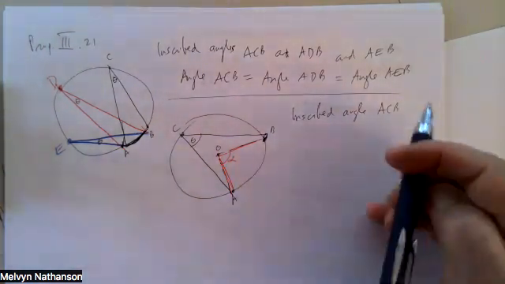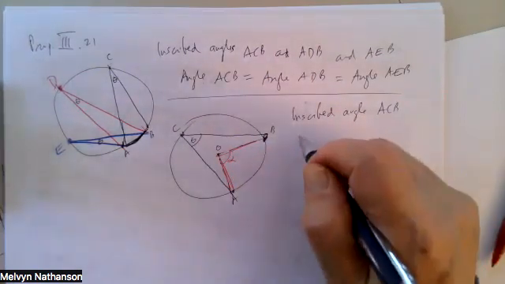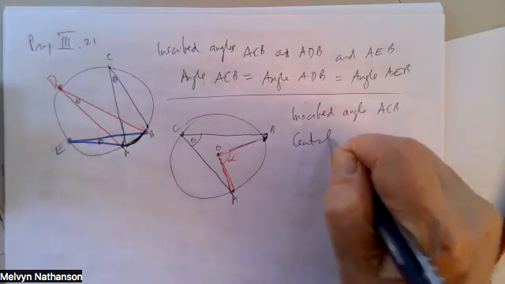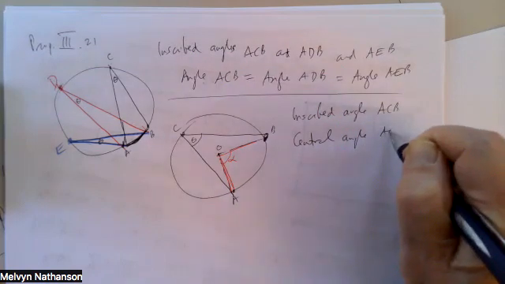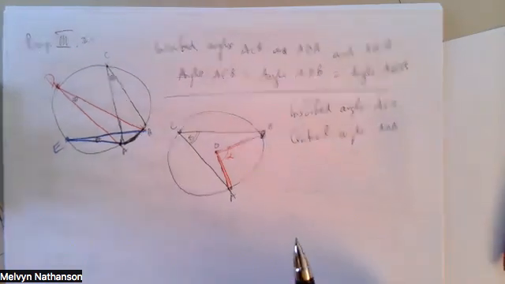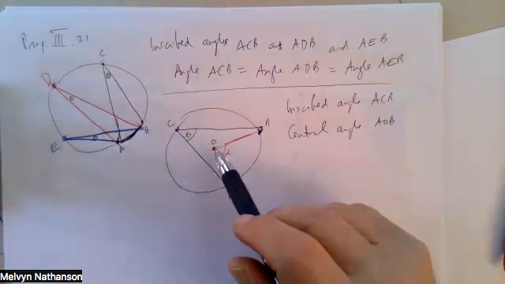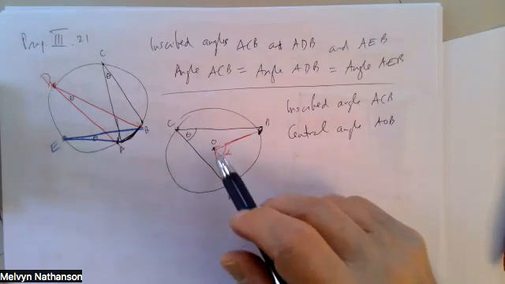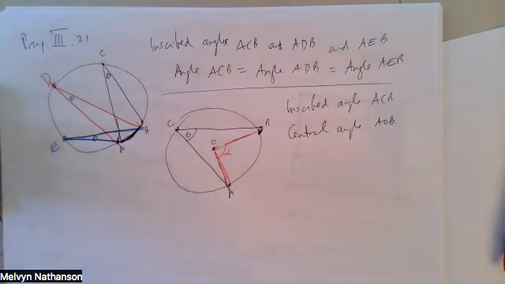So I have the inscribed angle ACB and what is called a central angle, AOB. A central angle in a circle is an angle where the vertex is at the center and you have rays going to the circumference.